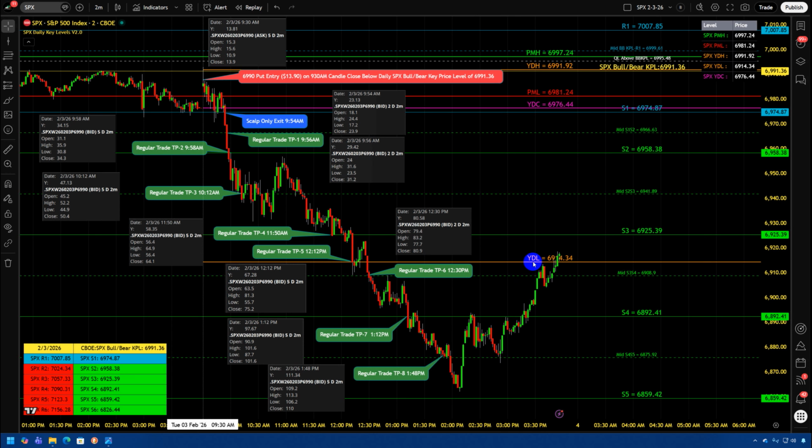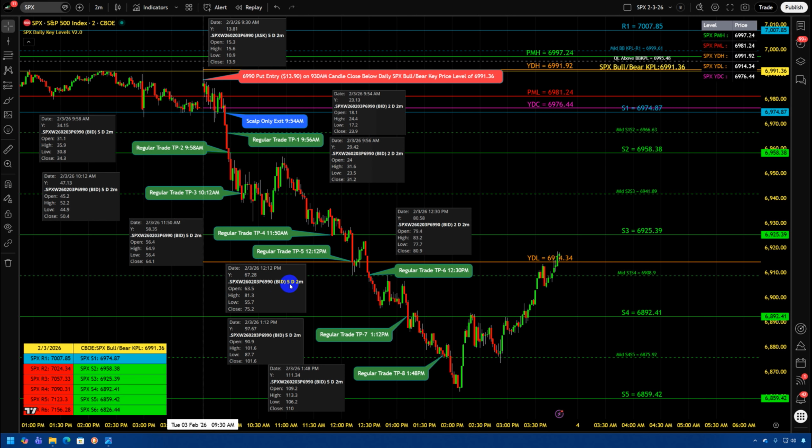So that is a very important level, and normally you will see price stall out at this level or attempt to reverse, which is what it did here, but then eventually it sliced through that level, which is a sign of continuing bearish momentum. And on this 12 p.m. hit of the YDL level here on TP5, we have the bid at $75.20.